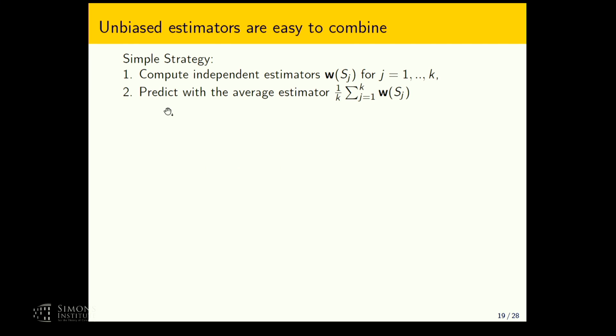Yes, so why are we interested in these unbiased estimators? Like I said, if you have an unbiased estimator, you can boost its performance by sampling several independent copies of it and averaging.